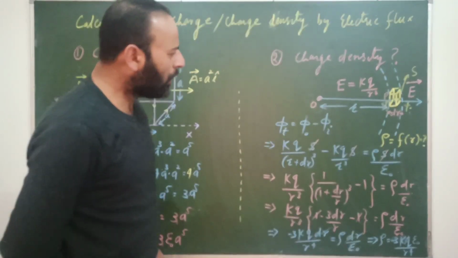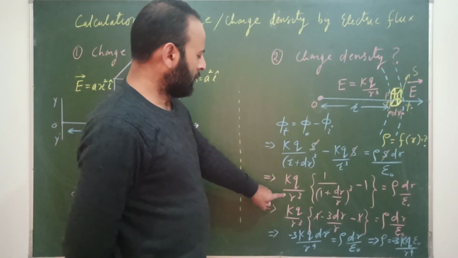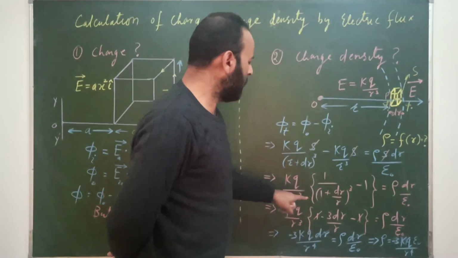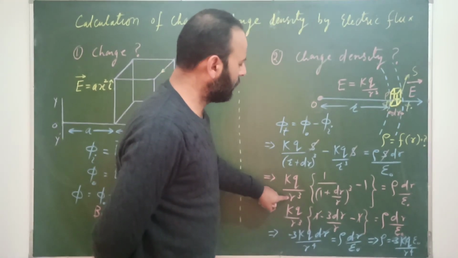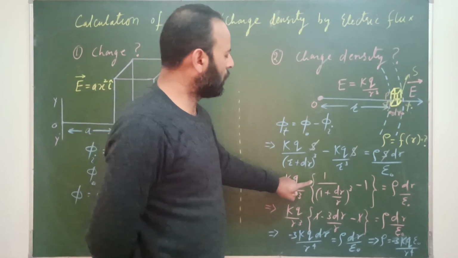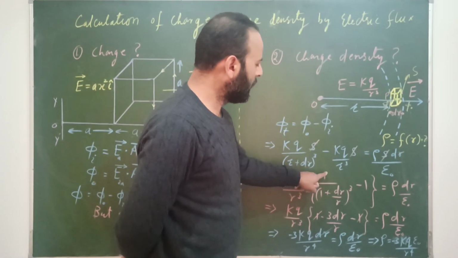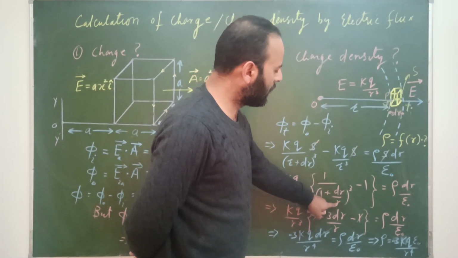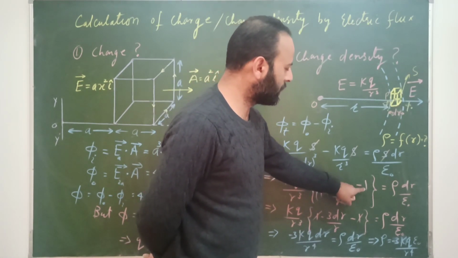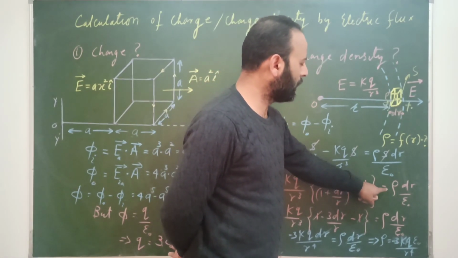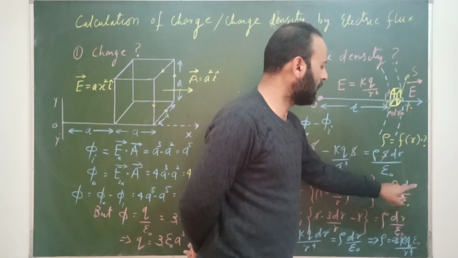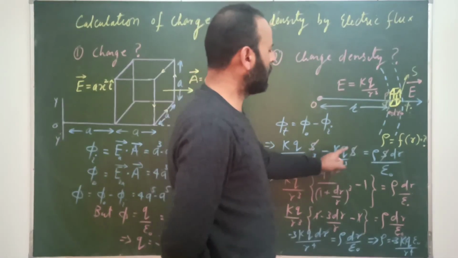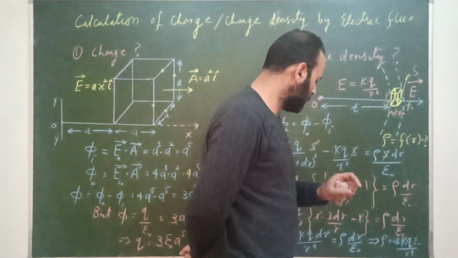Okay, now doing a little bit of mathematics, we take KQ divided by r cubed out, and we are left with 1 by (1 plus dr divided by r) raised to power 3 minus 1, equal to rho dr divided by epsilon naught, because S will cancel throughout.